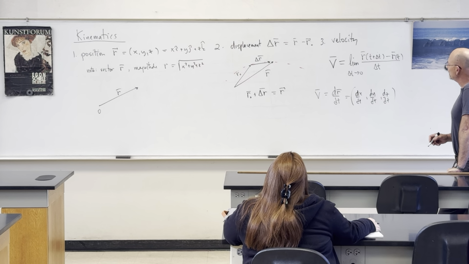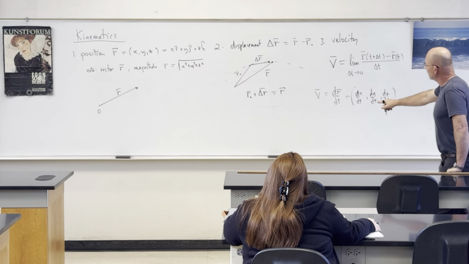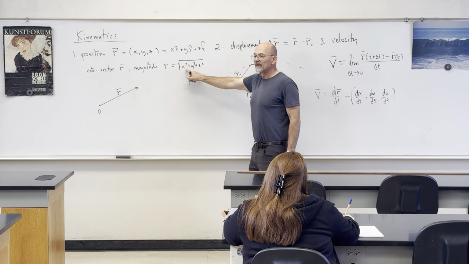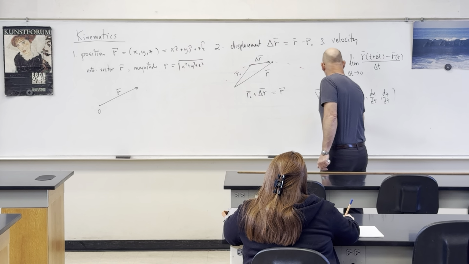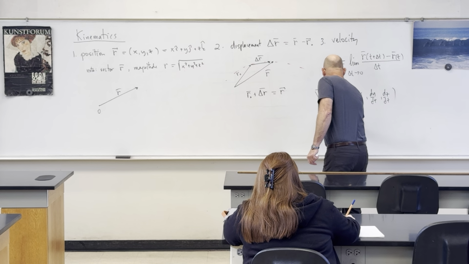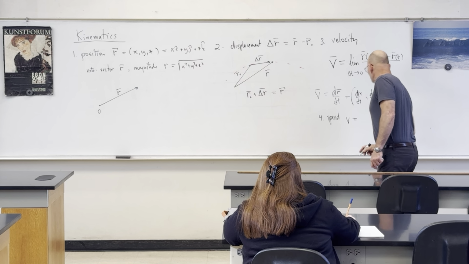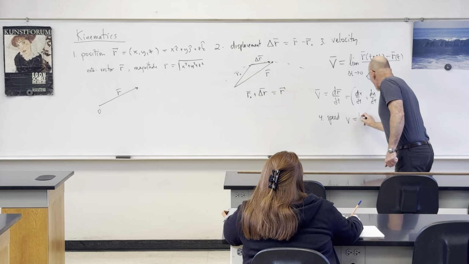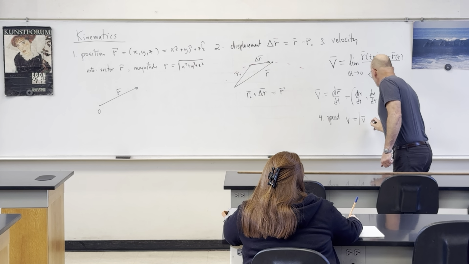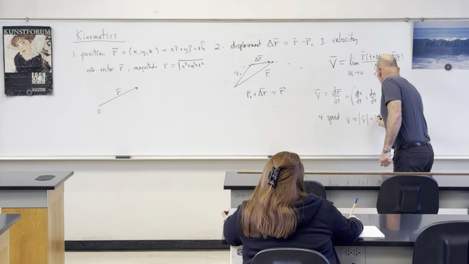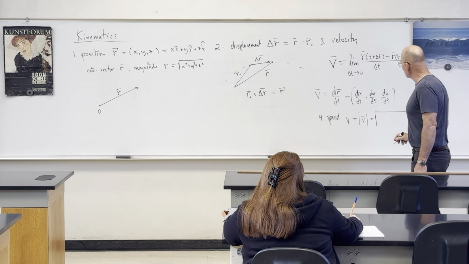And if I wanted the speed, it would then be the analogous version of this. So I'll put this under here. Speed v equals, now I have to bring in the magnitude of v, of velocity.